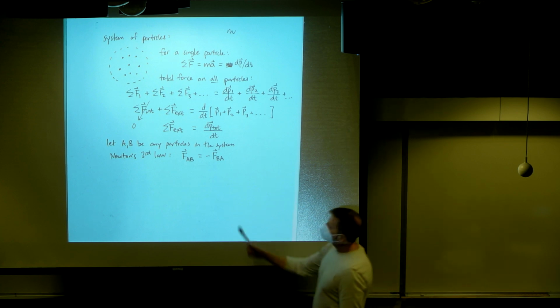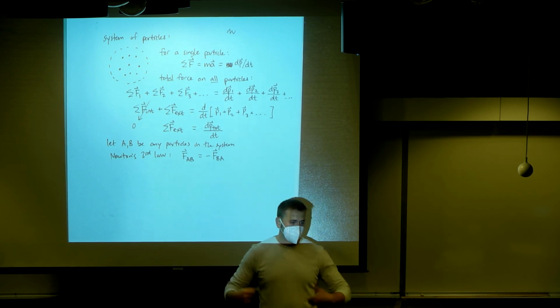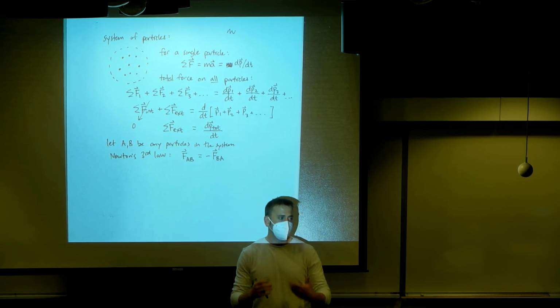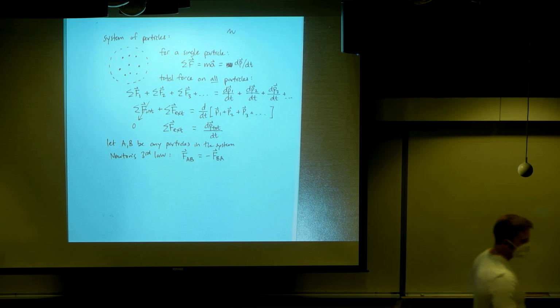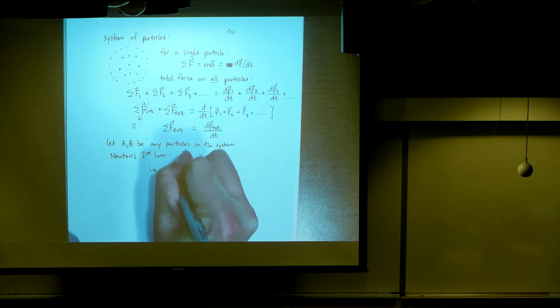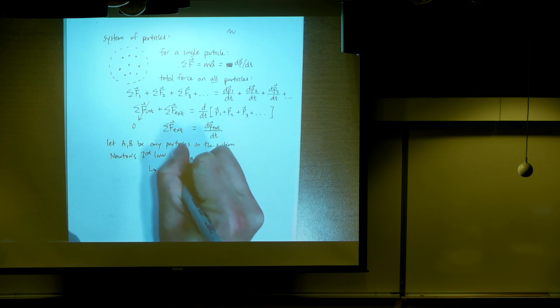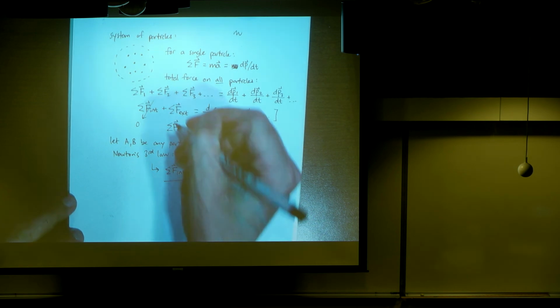So if I add these together, what do I get? I get 0, right? So if I add up all the internal forces, they come in pairs, which cancel each other out, so that the sum has to be 0. That's why we know the sum of all the internal forces is going to equal 0. So that gives us our result right here.